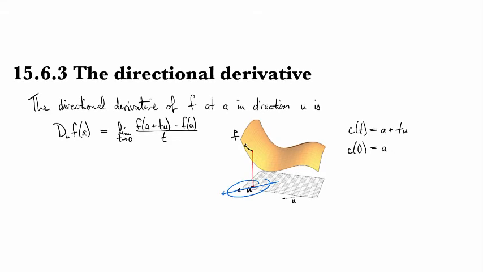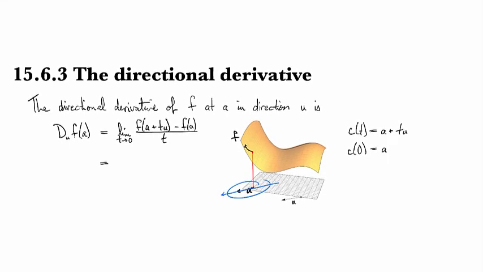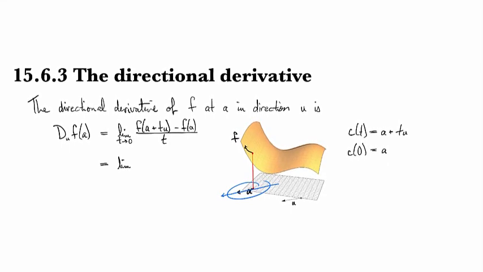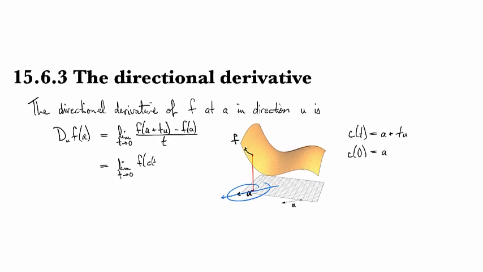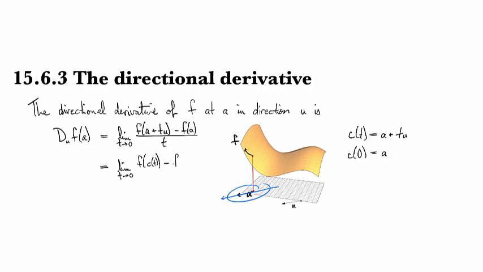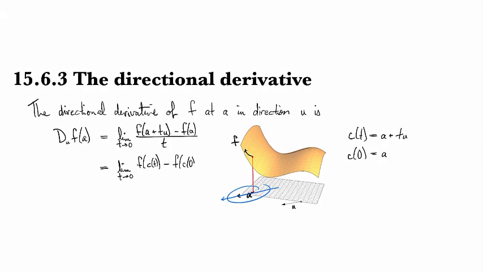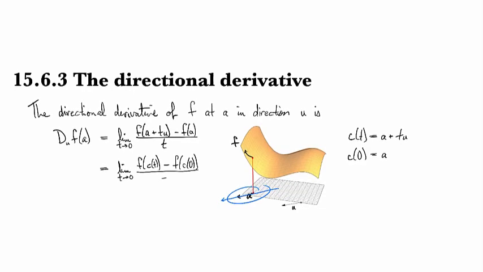So that means that we're looking at the limit as t goes to 0 of f of c of t minus f of c of 0 with respect to t.